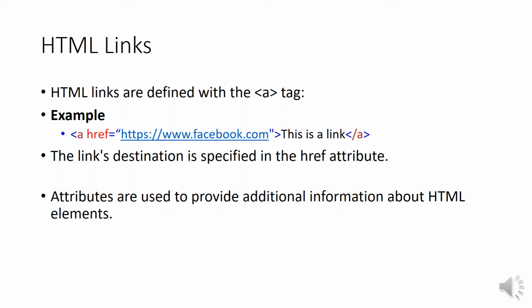The attribute that we use to link or refer to the website or web page you want is the href. The href shows the destination where the specified link goes to. That's called the href attribute.